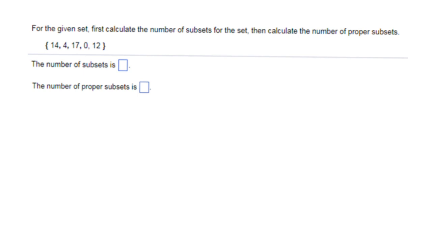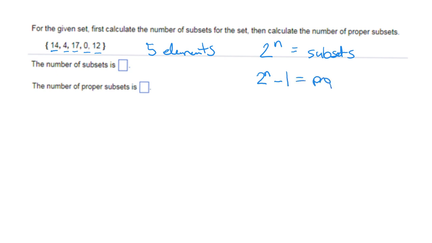So again, we're going to take a look at our set and count how many elements we have. And we have 1, 2, 3, 4, 5. So we have 5 elements. Remember, that's going to be 2 to the n for our subsets, and 2 to the n power minus 1 for our proper subsets.